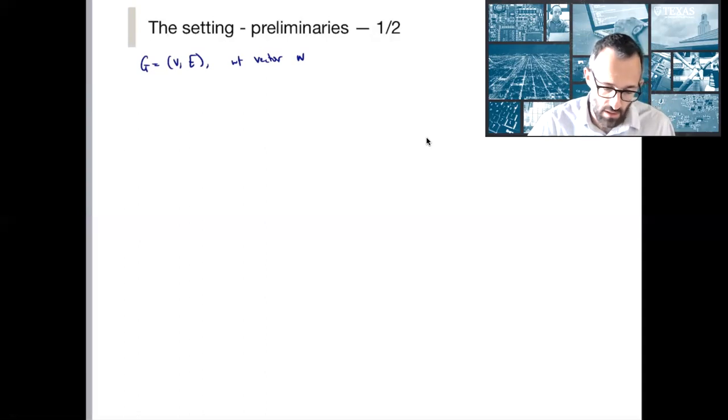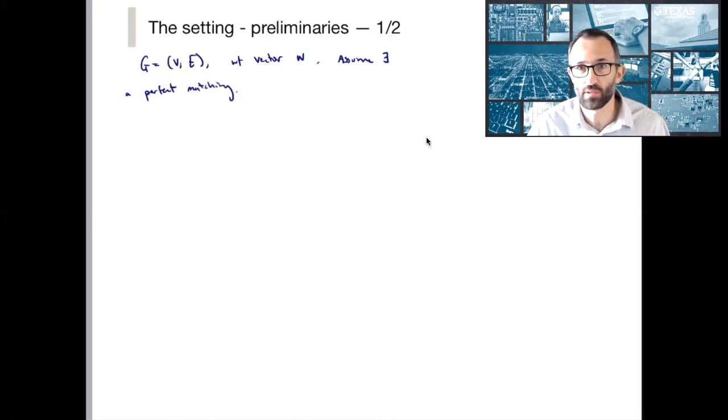And we're trying to find a minimum weight perfect matching. In particular, we're going to assume that there exists a perfect matching, as I mentioned in the previous lecture. And if not, then the primal is infeasible, and so there's nothing to do in this problem.